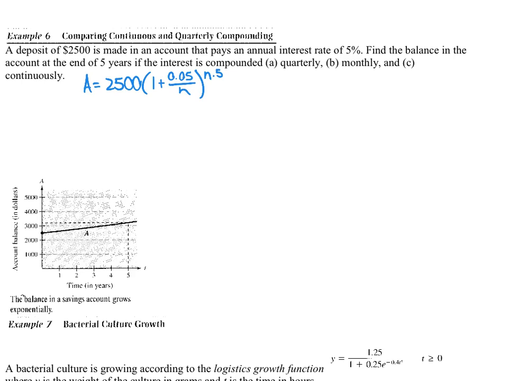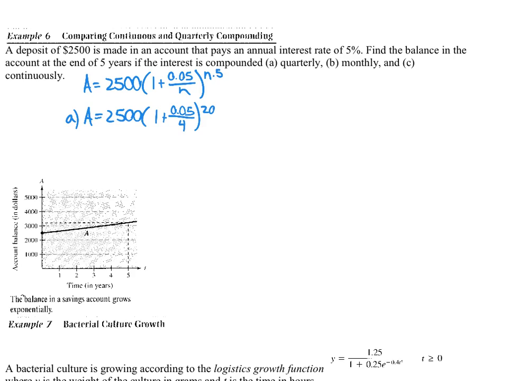All right, so for A, the amount would be 2,500 times 1 plus 0.05 over 4, to the 20th power, because 4 quarters times 5 years is 20 quarters.